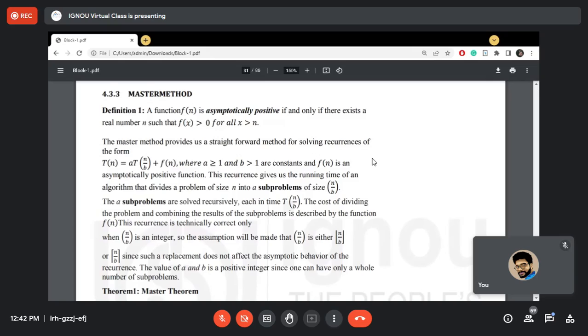We define the master method as T(n) = aT(n/b) + f(n). The master method is a straightforward method. No need to do anything. Just remember the formula and do your question.